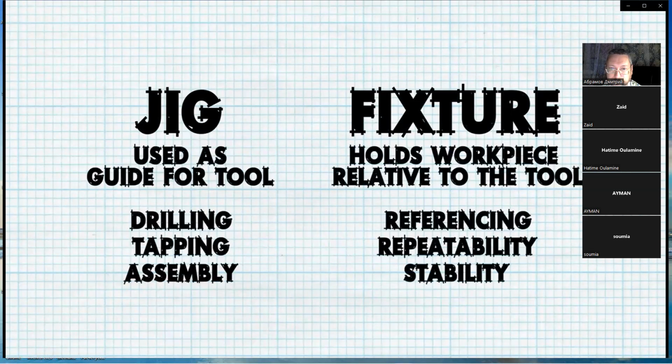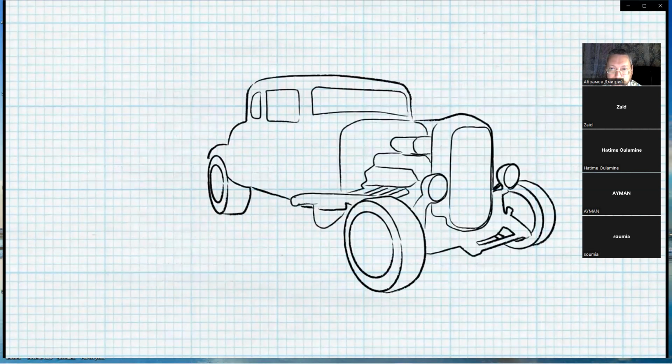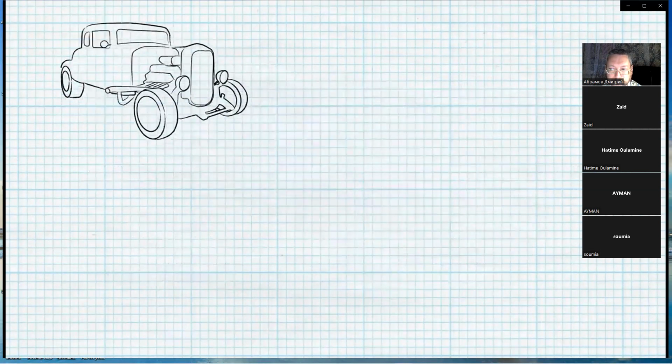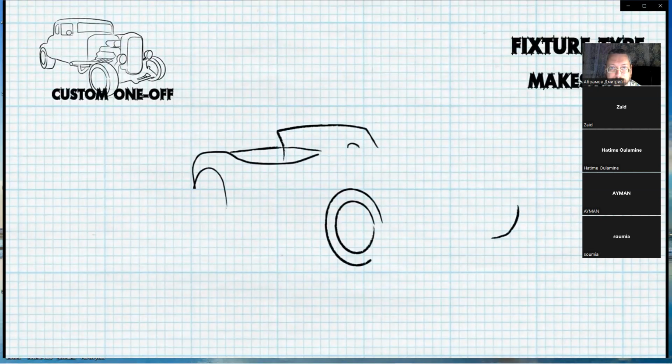Jigs and fixtures fall into one of 4 categories, depending on the number of workpieces it will be used for, as well as the permanence of the fixture. A very unique one-off part might use a temporary general-purpose fixture, often using clamps, vices, or tools which are available in the workspace at the time, but not designed specifically for the piece.